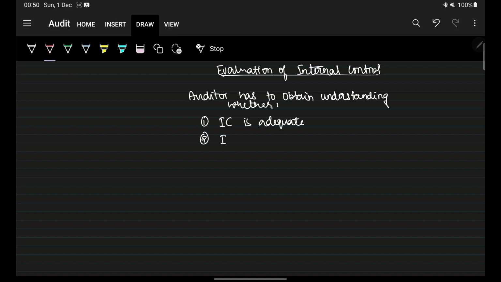Secondly, whether IC is able to prevent, detect and correct material misstatements. Third, whether IC is safeguarding the assets of the entity.